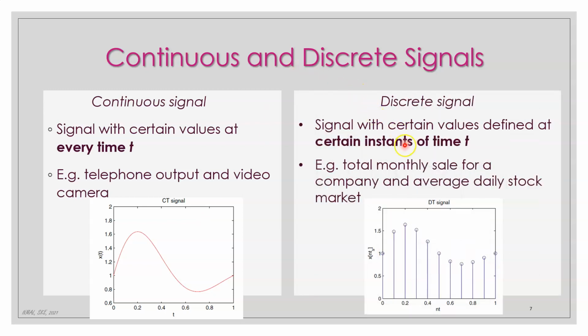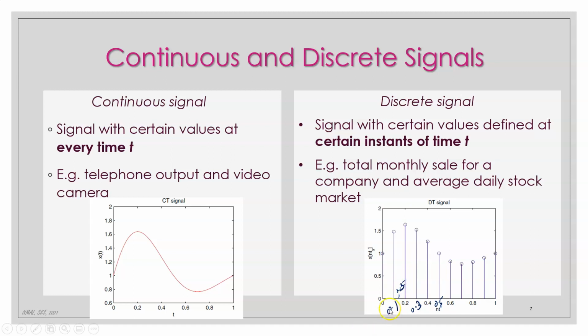For discrete signals, these signals have certain values defined at certain instances of time t. For example, this graph only has signals at 0.1, 0.2, 0.3, 0.4, 0.5, and so on. In between 0.1 and 0.2, let's say at 0.1515, there is no signal at all.